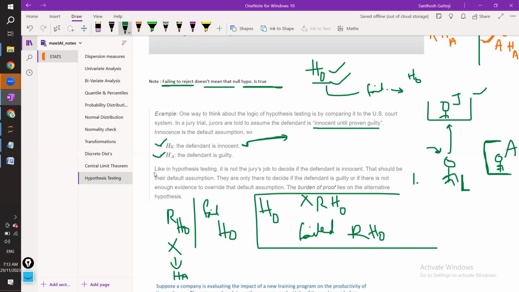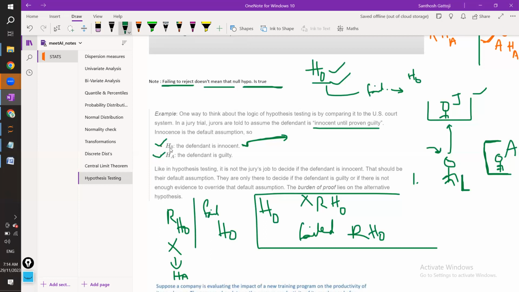In hypothesis testing, it is not the jury's job to decide if the defendant is innocent. That should be their default assumption. They are only there to decide if the defendant is guilty, or if there is not enough evidence to override the default assumption. The burden of proof lies on the alternate hypothesis. By default, he will assume that the defendant is innocent.